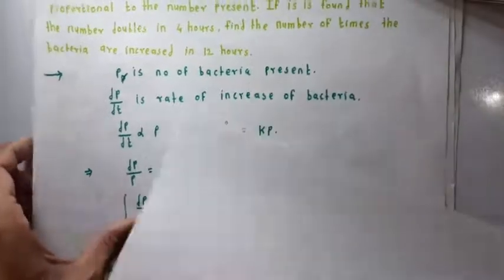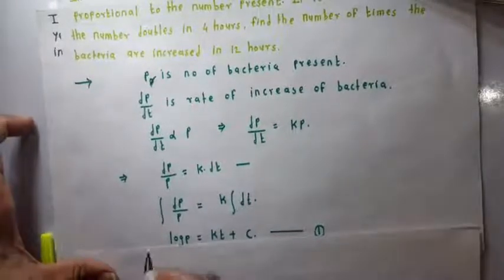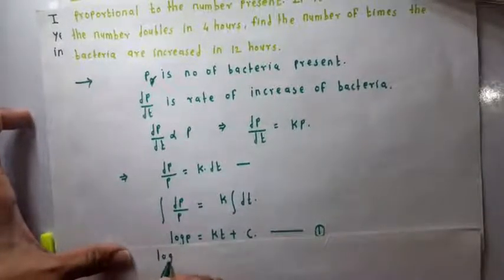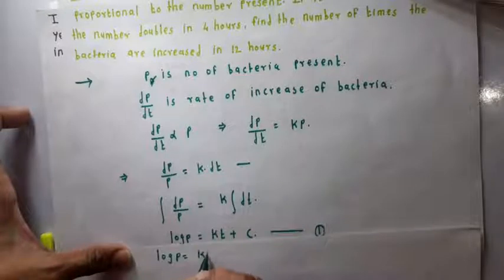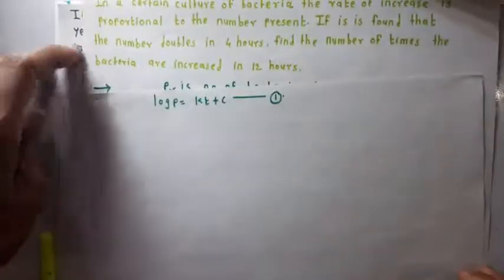Now put the given values or given conditions. Okay, so log of P equals Kt plus C. This is our first equation, which is very important.